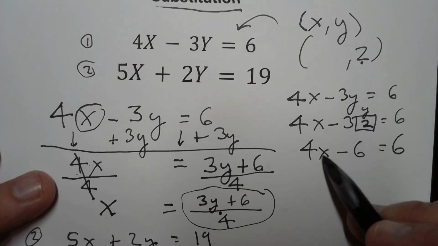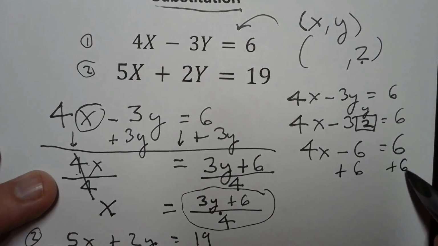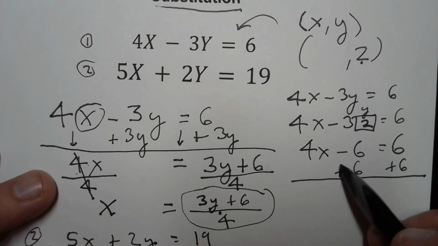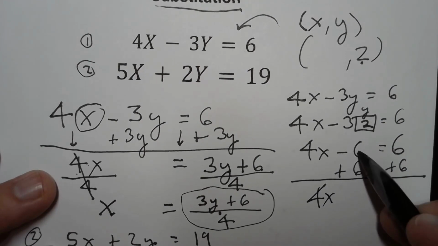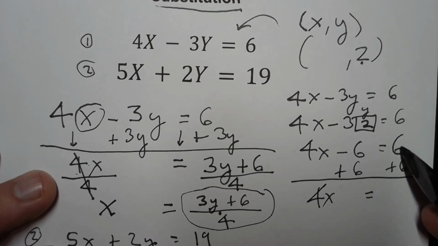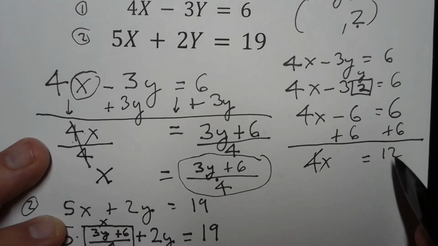And then I need to get this by itself, so I'm going to do the opposite. I'm subtracting 6. I'm going to add 6 to both sides. So I'm left with 4x, just copy that down, negative 6 plus 6 is 0. Bring down my equal sign. 6 plus 6 is 12. Now I'm going to get this 4 out of here because I want the x by itself.